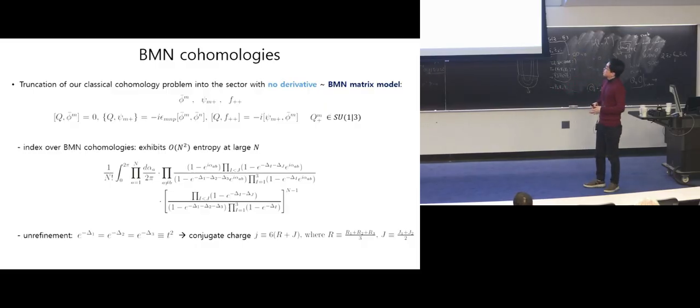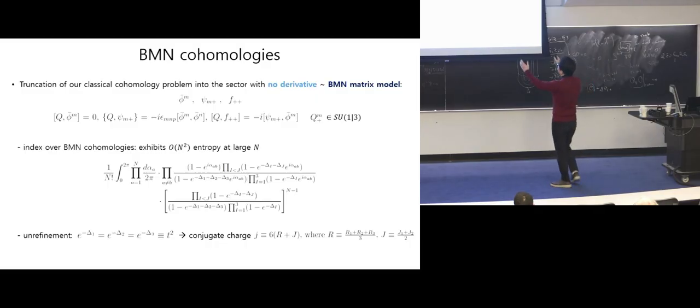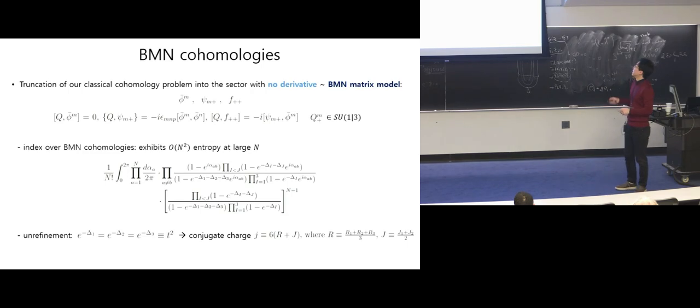And since you do not excite any derivative, you should also not excite gaugino, since the Q-action on derivative will give you gaugino. So you can only excite scalars, Carolinos, and field strengths, and these give you the closed subsector of our classical cohomology problem. And these fields are the fields excited in the BMN matrix model, so we will call this the BMN subsector. And for your information, I wrote down their Q actions again here.